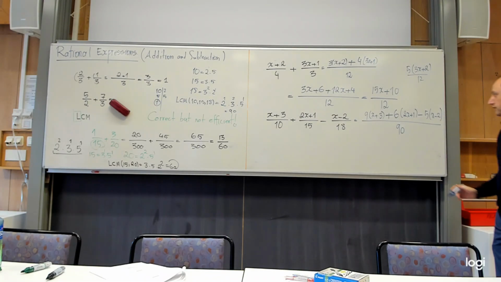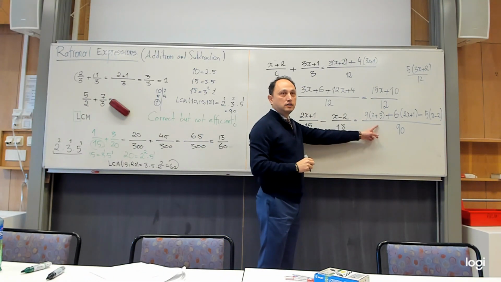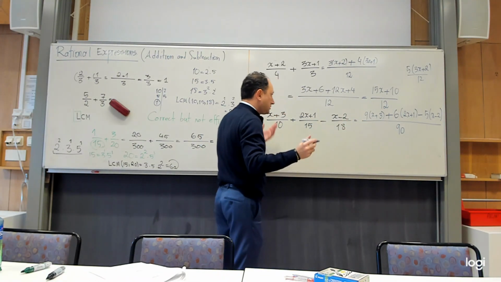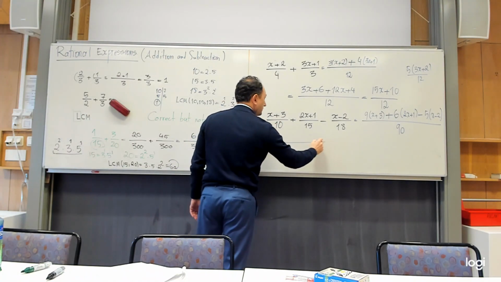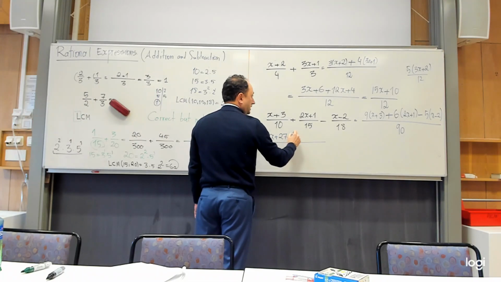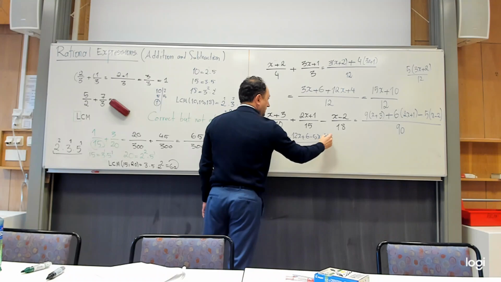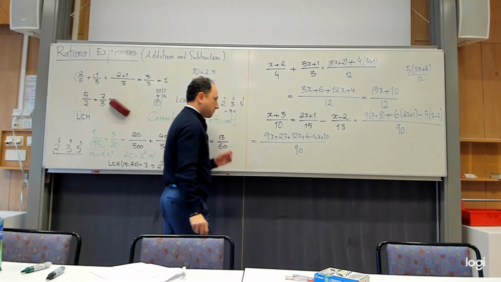And then you simplify. Simplification is the only new lesson. So what we do, we just simplify: 9x plus 27 plus 12x plus 6, and then minus 5x plus 10, and then divided by 90.